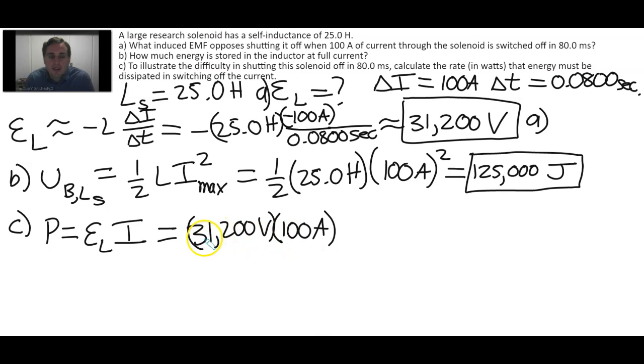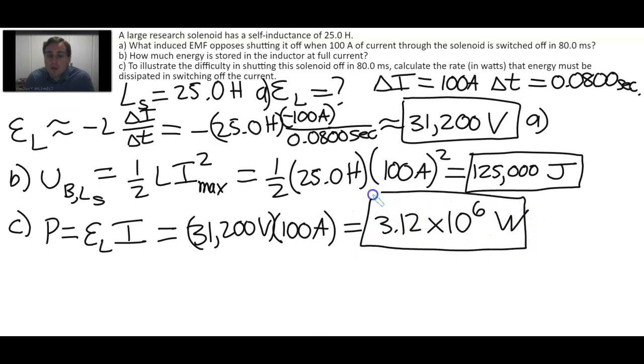So I think this is 3.12 times 10 to the 4th, and this is another 10 to the second. So this is 3.12 times 10 to the 6th watts.